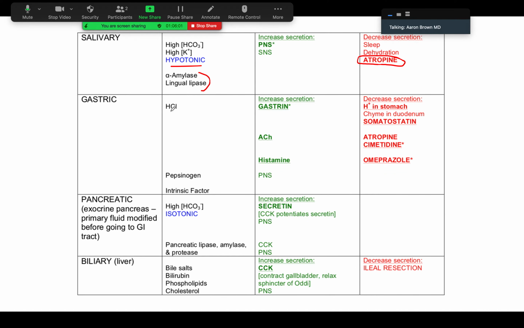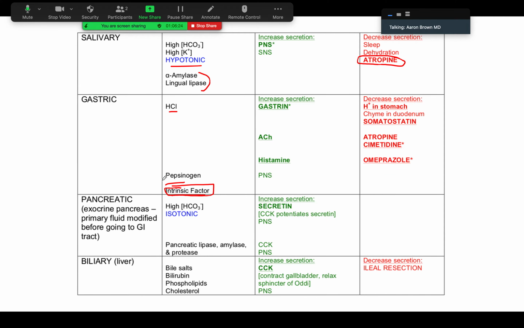Gastric secretions: hydrochloric acid, pepsinogen, and intrinsic factor, okay? The only thing that you need of these three, we always talk about the gastric acid, oh my God, it's so acidic in the stomach. The only thing that you need from your stomach to be able to live is intrinsic factor.